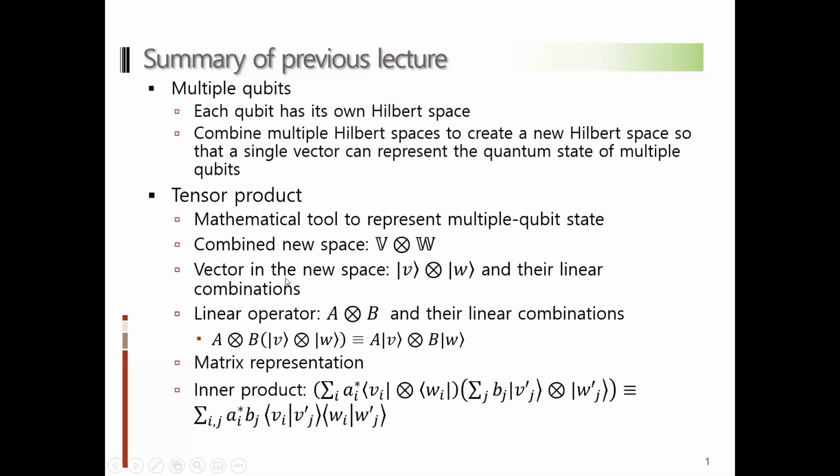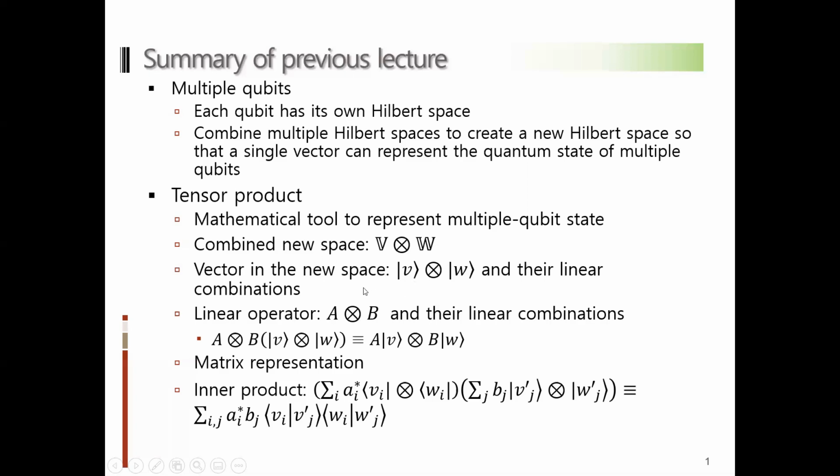Some are directly combined vectors: for this tensor product of two Hilbert spaces, we select one vector from one space and another vector from the other space, and put them together with the tensor product symbol. All of this kind of combination should belong to this new combined space.